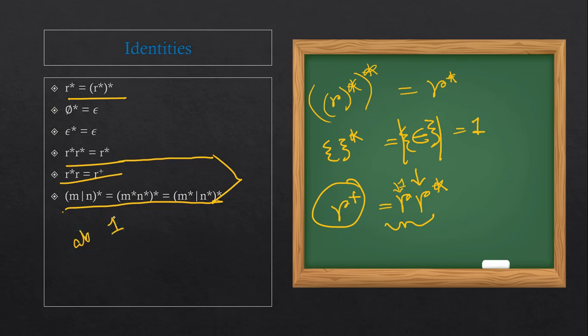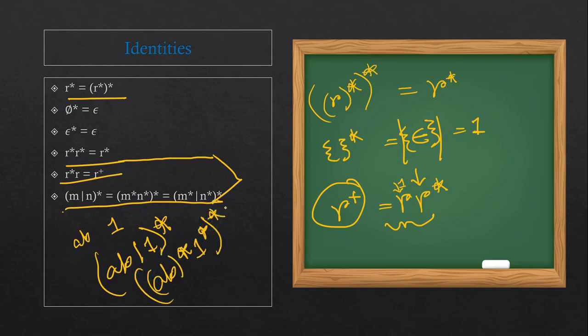Now verify these by yourself. Take m, ab or 1 whole star. See what you get. Take ab star, 1 star and whole star, and then see what you get, and then verify that this statement is correct. Alright, so that's all the properties I had for you.